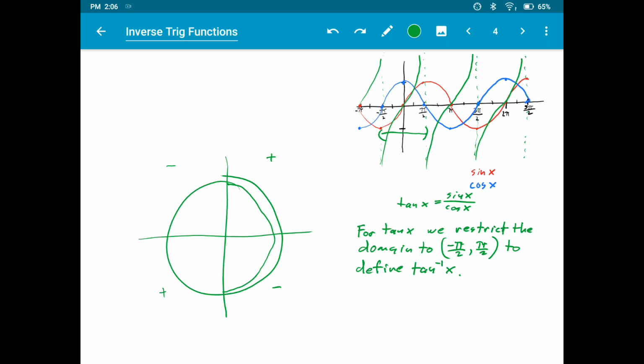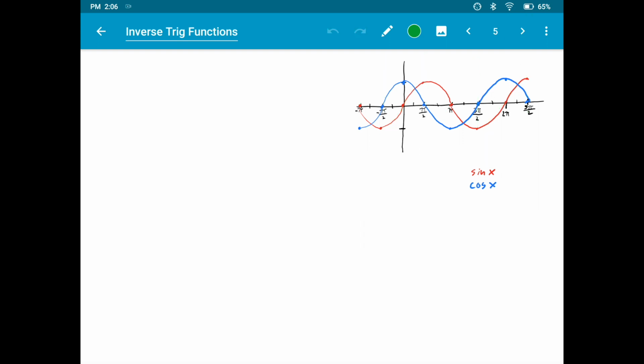A similar type of argument applies for the cotangent of x. If we look at the cotangent of x, that's equal to the cosine of x over the sine of x. So this has a vertical asymptote everywhere where the sine of x is equal to 0.